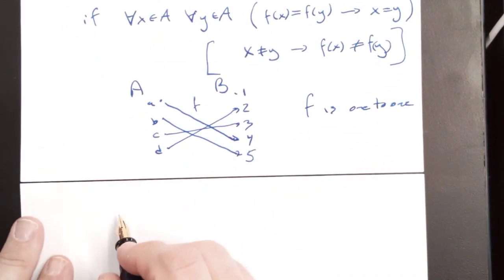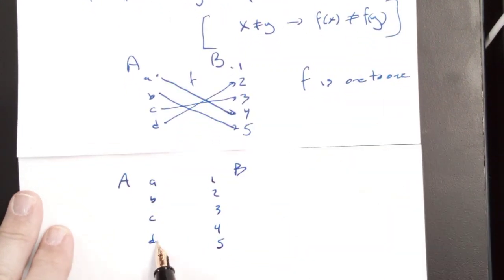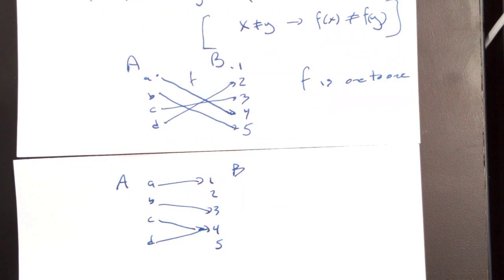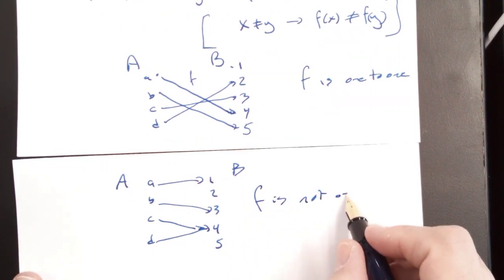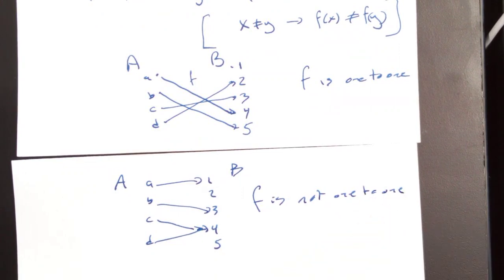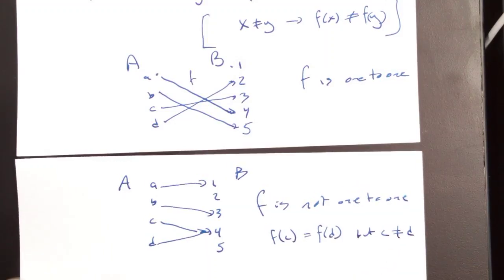But same set A, same set B, this function is not one-to-one, because both f of C and f of D are the same, but the starting points aren't.